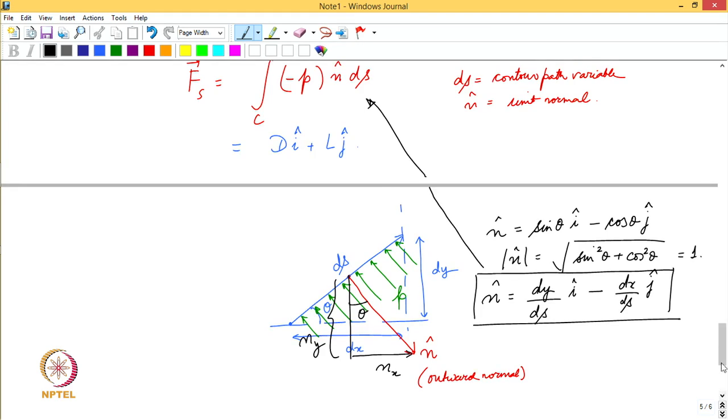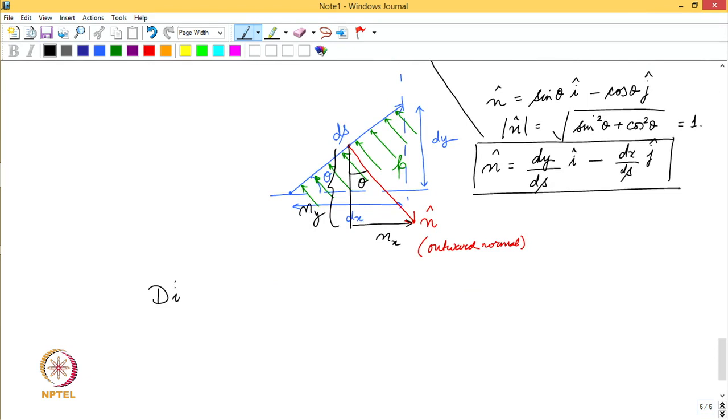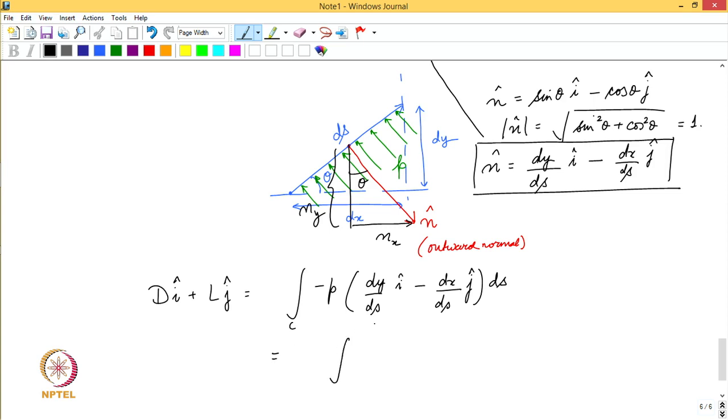So, when we substitute, we will get d I cap plus L j cap to be minus p times dy by ds I cap minus dx by ds j cap, times ds, which, noting that it is a chain rule in ds as it appears, I could write as minus p dy I cap minus or plus p dx j cap, right. So, sort of getting rid of these terms.